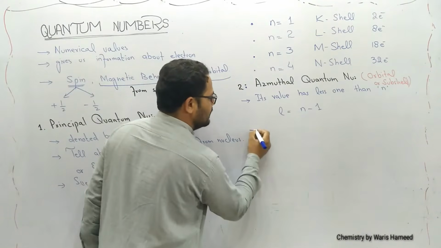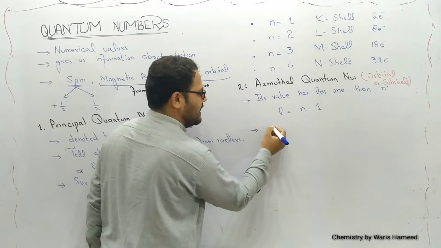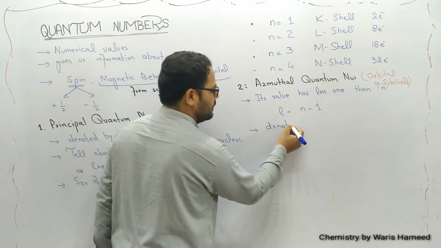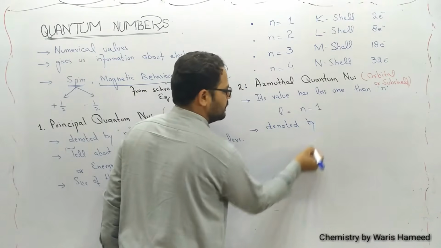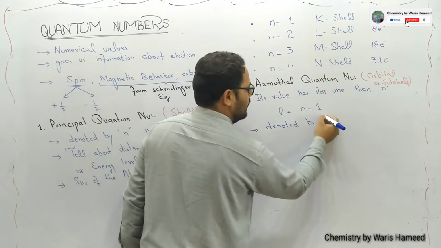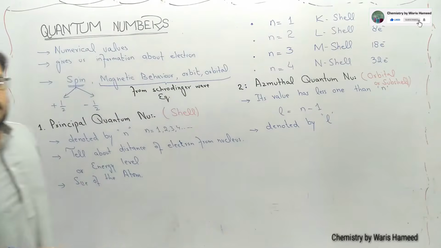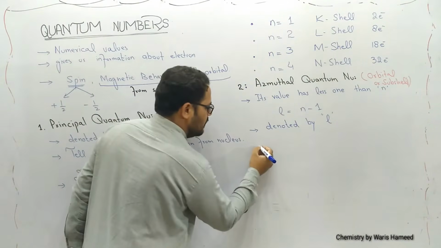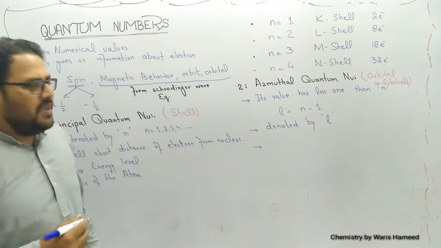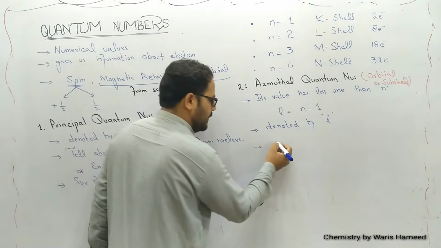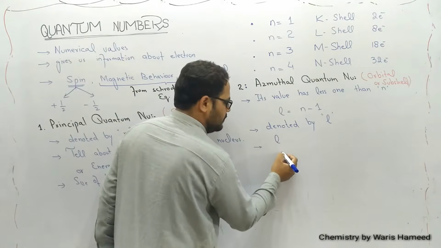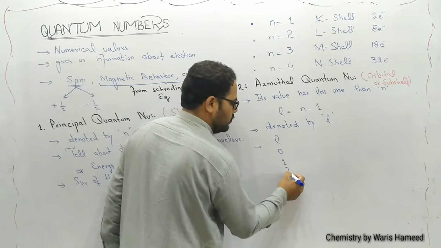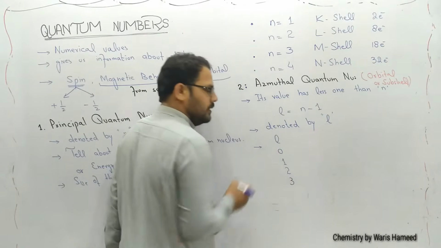Here l is the azimuthal quantum number. It is denoted by small l. l may have the value 0, 1, 2 and 3.